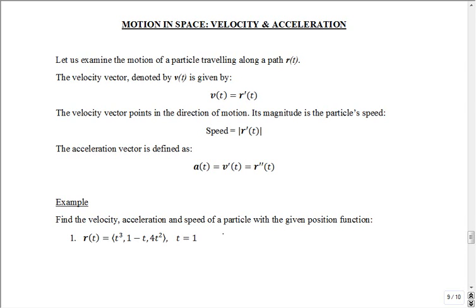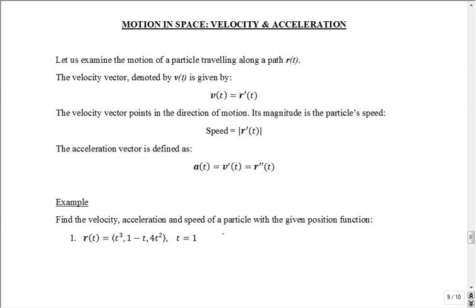The velocity vector points in the direction of motion. Velocity is a vector. If you want to find the particle's speed, then you'll have to take the magnitude or the length of that velocity vector. And of course, acceleration is also a vector and is defined by r double prime of t, or v prime of t.